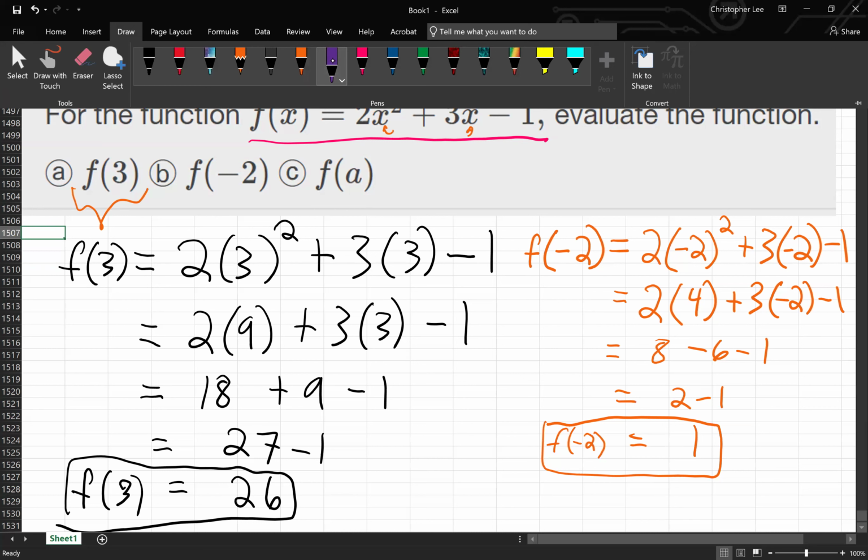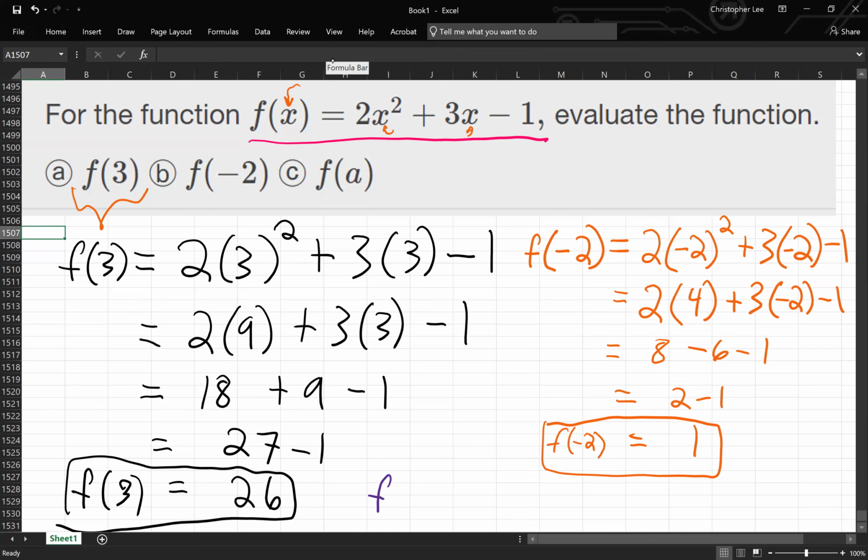What about part C? Part C says f of a. What is that? No number, just a. Three separate examples, A, B, and C. Basically, just plug in for x.